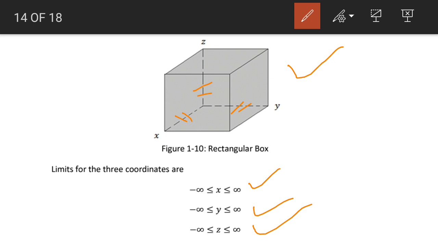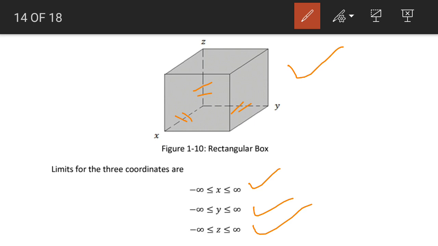Then how do we represent a three-dimensional vector in the cylindrical coordinate system? Definitely a three-dimensional vector in the cylindrical coordinate system will have three components. How do we calculate the addition of two vectors in the cylindrical coordinate system?